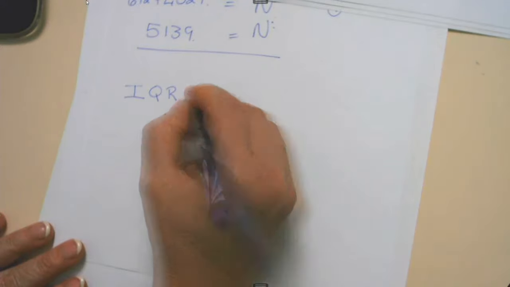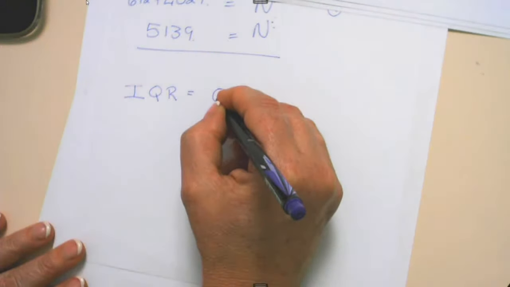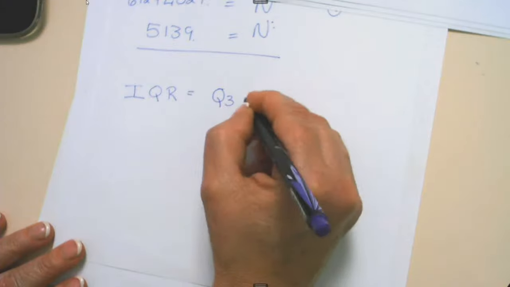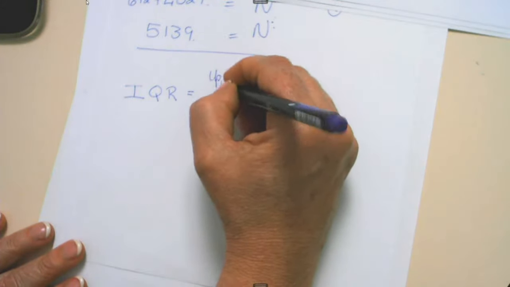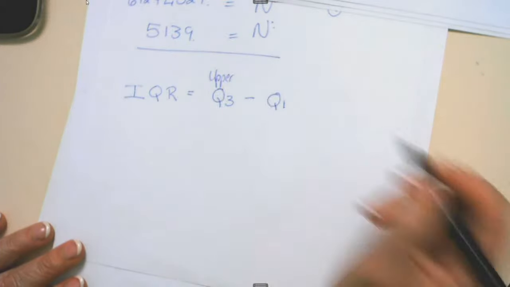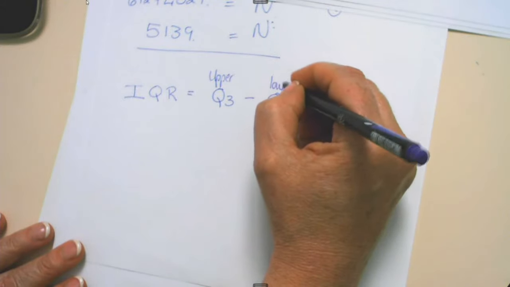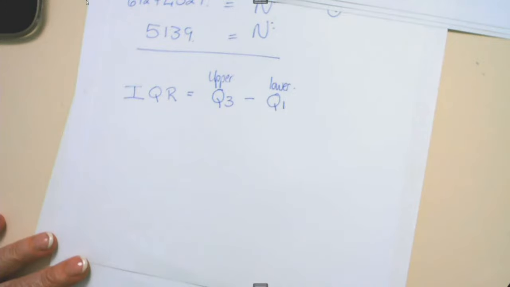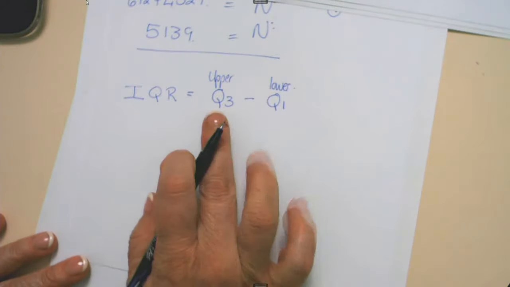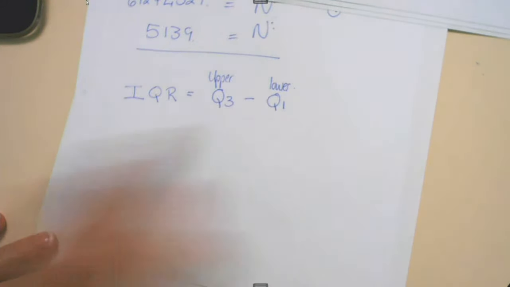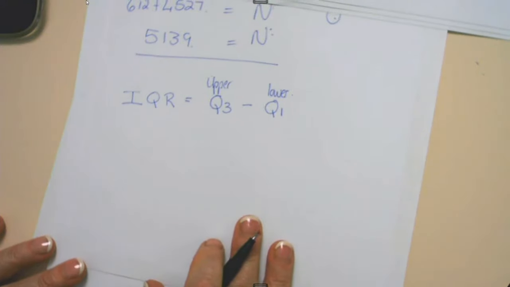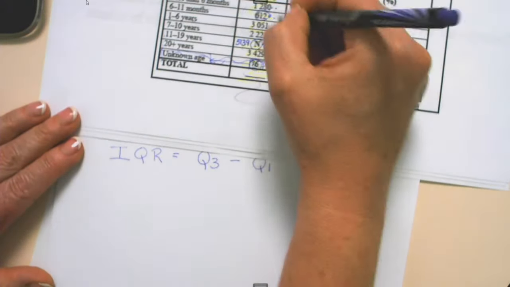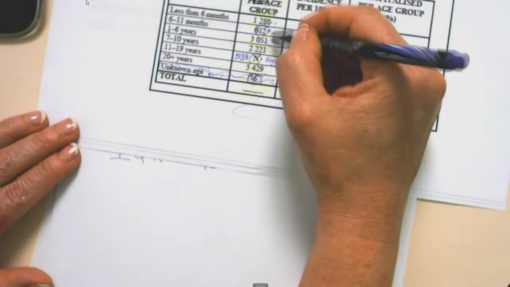To get the interquartile range, I say Q3 minus Q1, or we also call it the upper quartile minus the lower quartile. To be able to get these two things, what must I do with my set of data? Remember, what I'm working with is this column, and in this column there are some values.